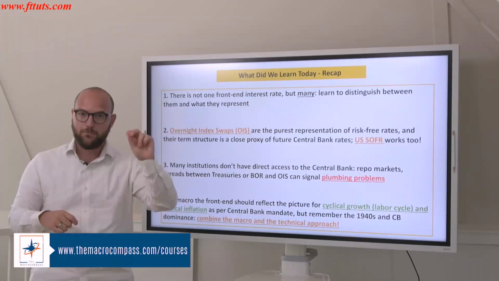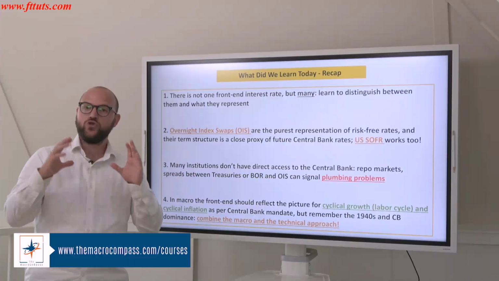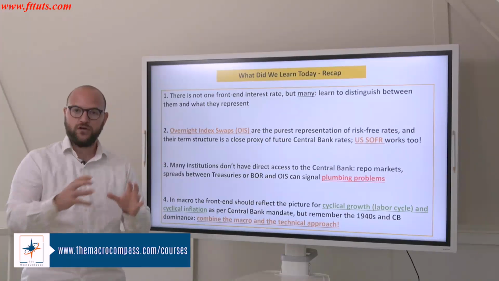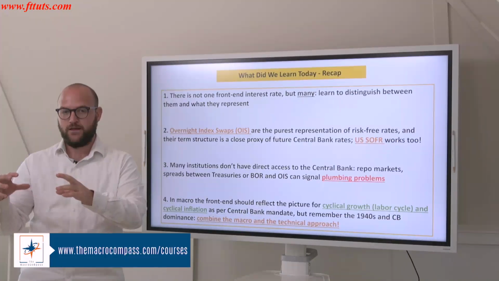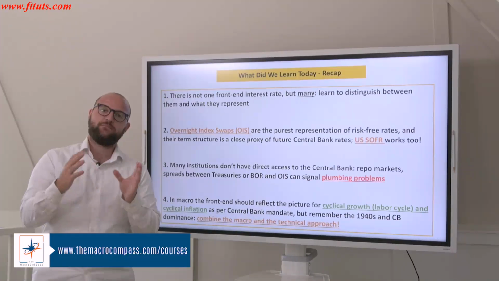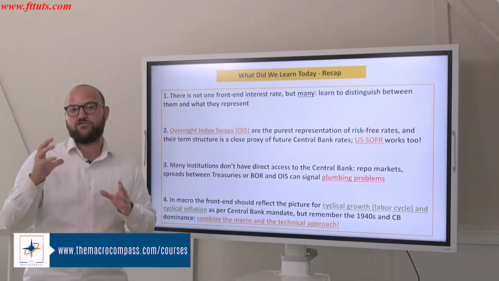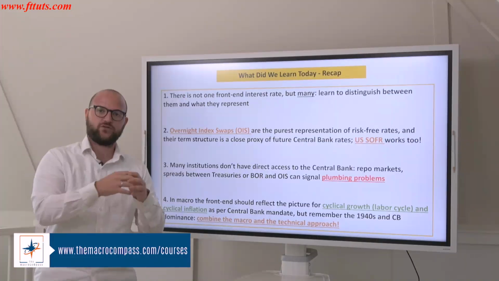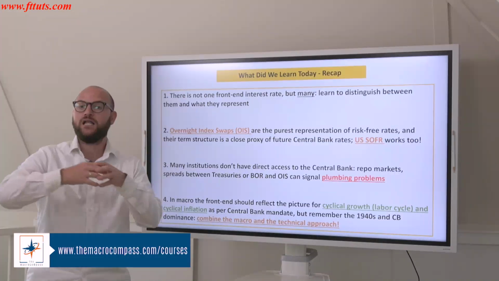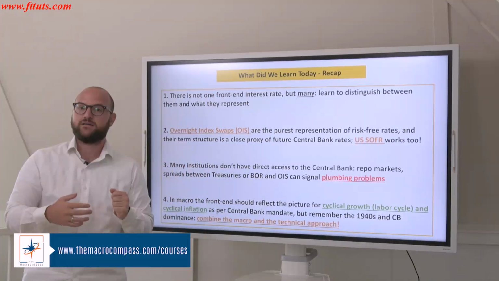When it comes to macro, front-end bond yields should normally reflect the picture for cyclical growth and cyclical inflation. I say normally because that happens, and the macro approach is therefore enough to make sense of front-end bond yields, when the central bank reaction function and the central bank forward guidance are aligned with their cyclical growth and cyclical inflation mandate.